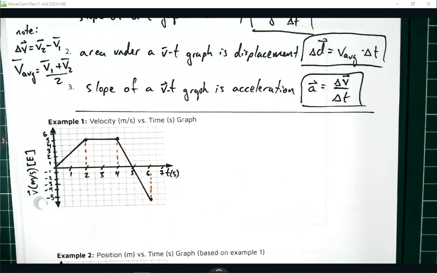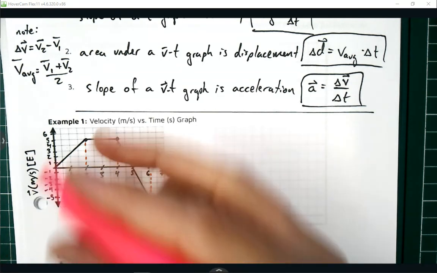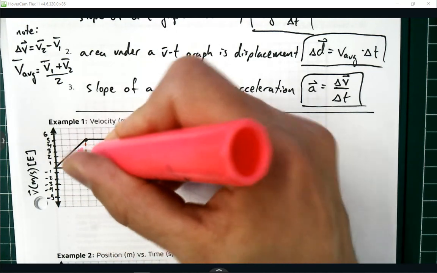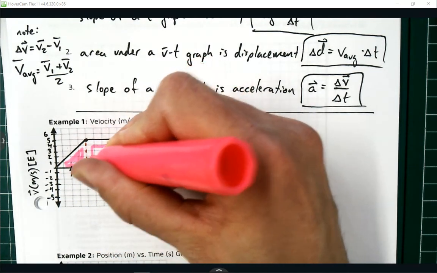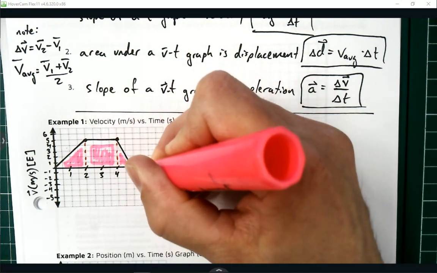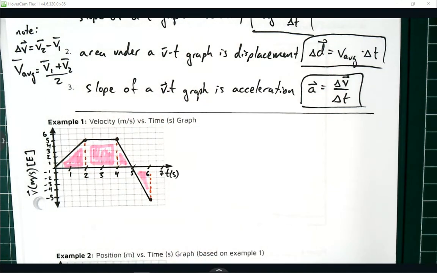I'm going to ask you to do the same thing because I could shade these areas in. I could say, hey, look, I got this triangle of space here. I've got this square of space here. I've got this triangle of space. I've got this triangle of space. And what I've just done is I've colored in all the spaces that are between the plotted data and the axis. This is the space that's between the plotted data and the axis.